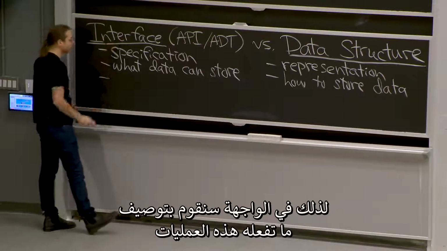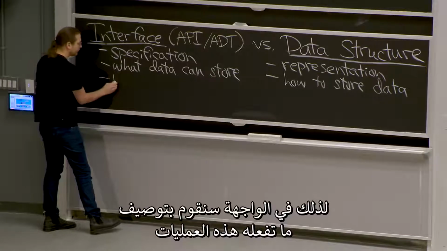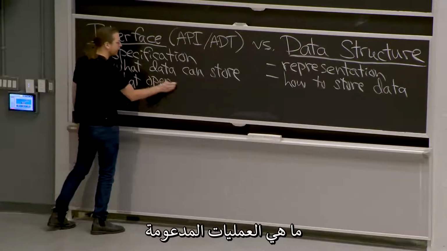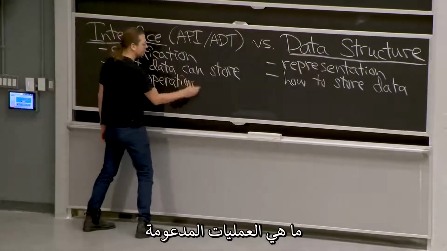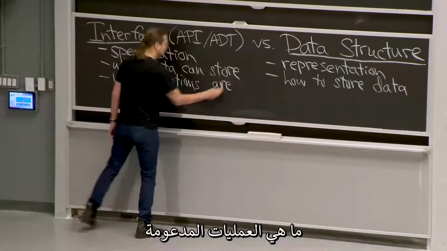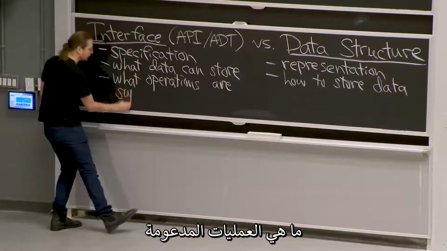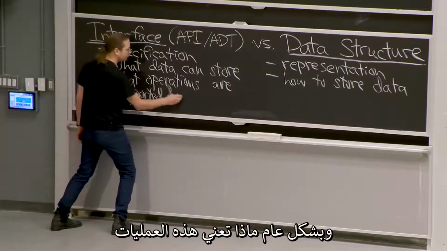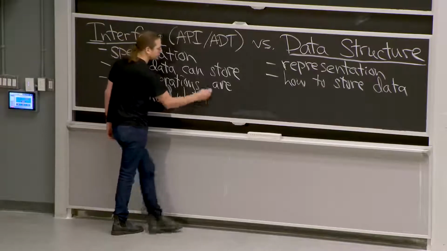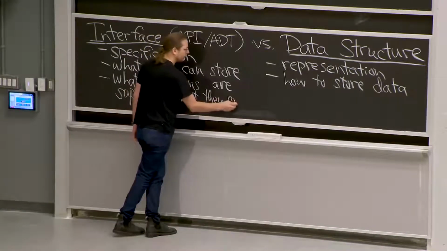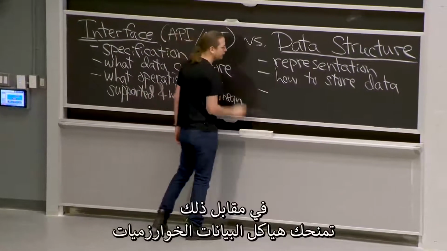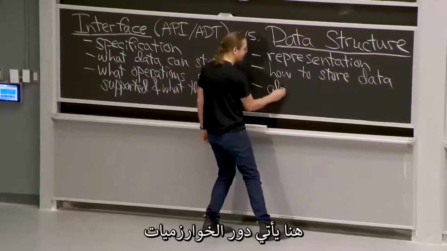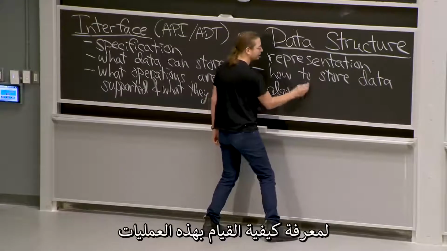So in the interface, you specify what the operations do, what operations are supported, and in some sense what they mean. And the data structure actually gives you algorithms. This is where the algorithms come in for how to support those operations.